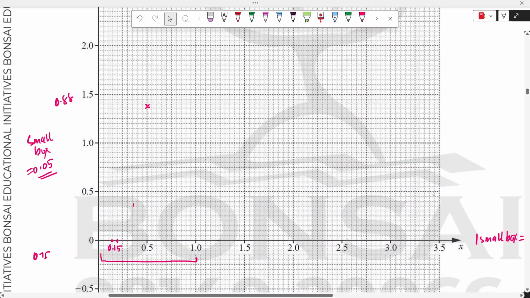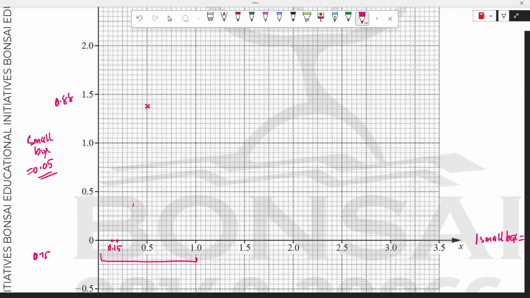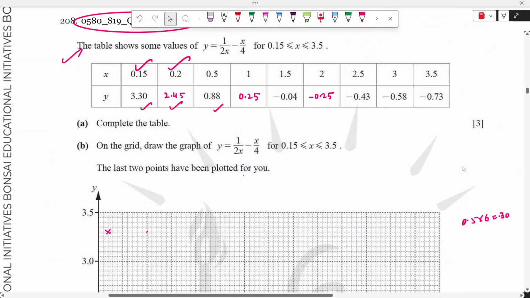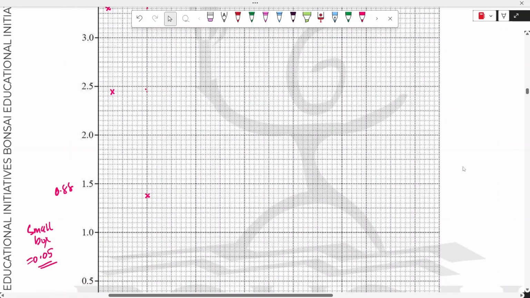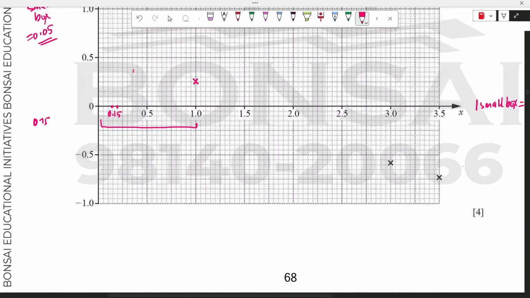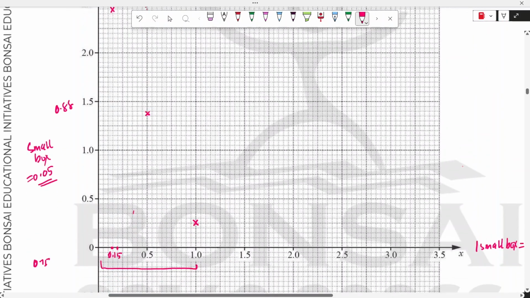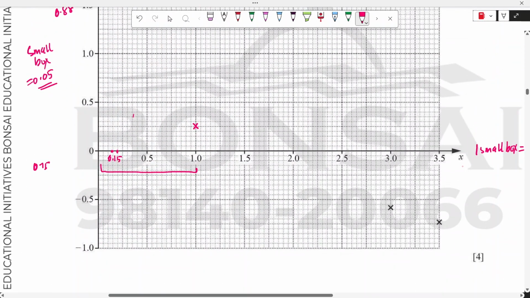And next is 1 and 0.25. 1 is here and 0.25 means exactly the midpoint. Okay, now further 1.5 and minus 0.4. Minus 0.4 means approximately 1 box down we got here.